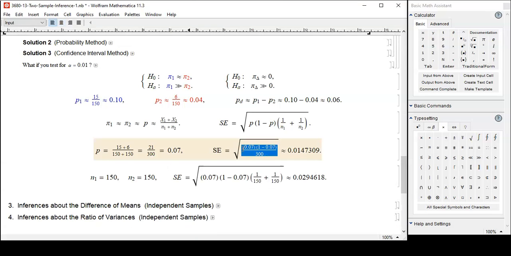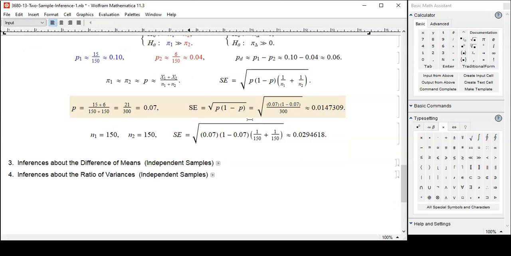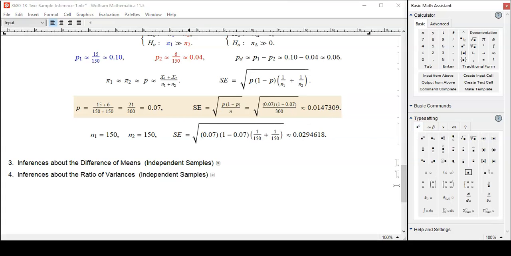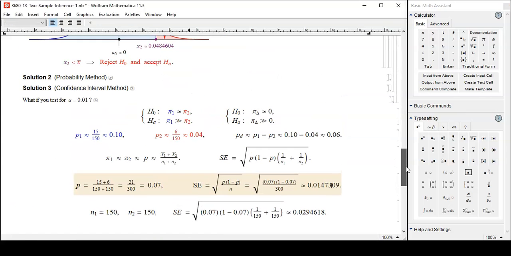So the first formula there is wrong. That's for one sample inference. You need the second formula for two sample inference.